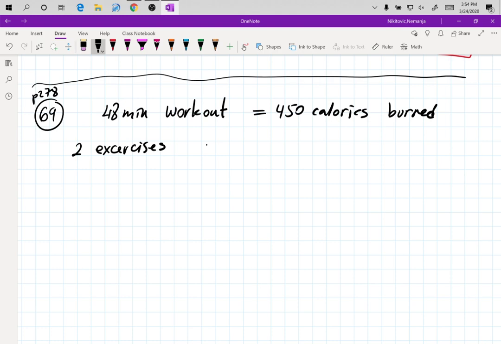Exercise number one is called tread climber. And that one burns 12 calories per minute.